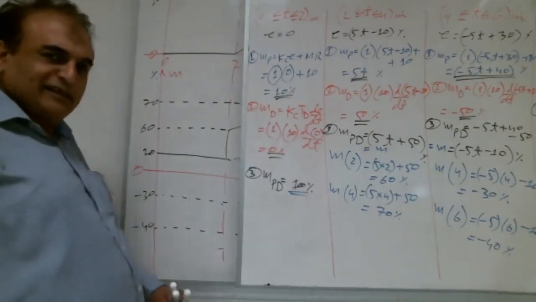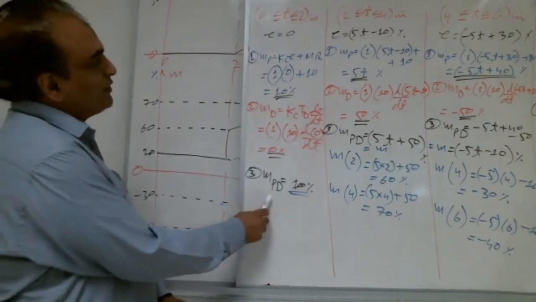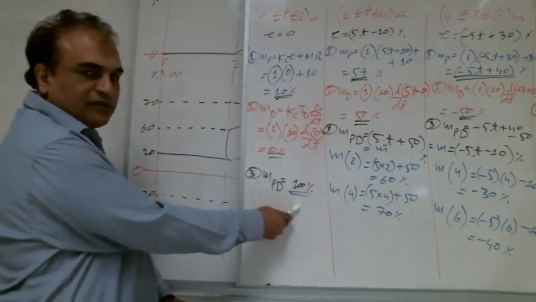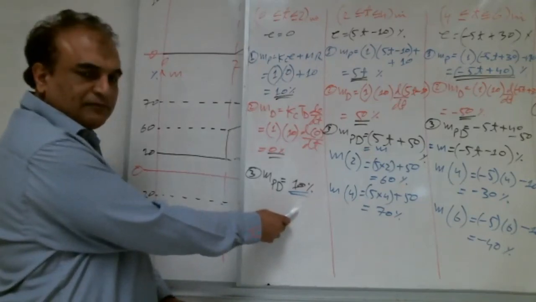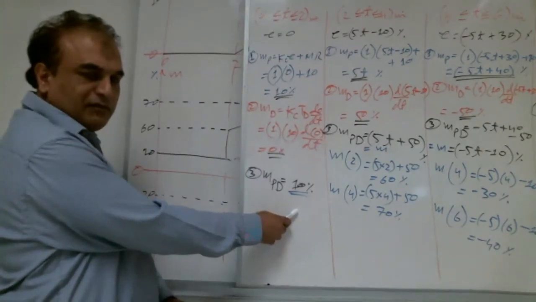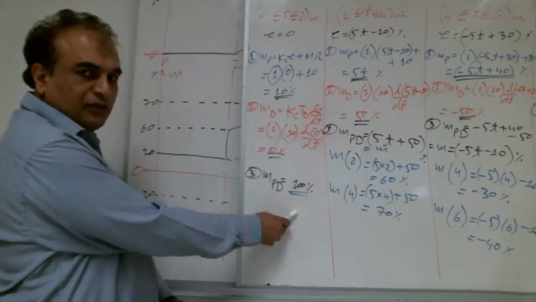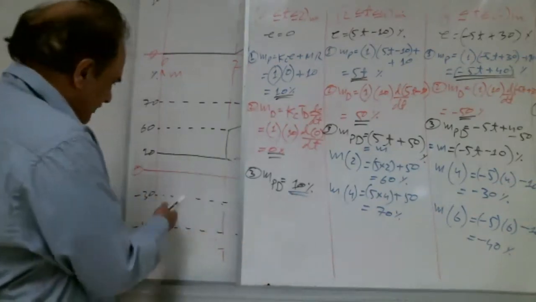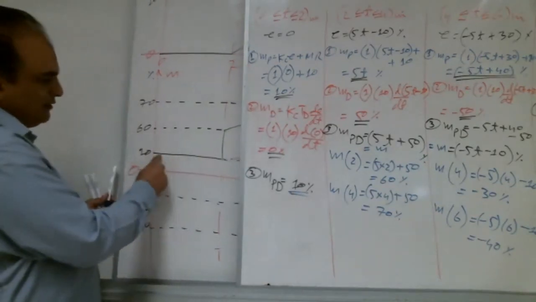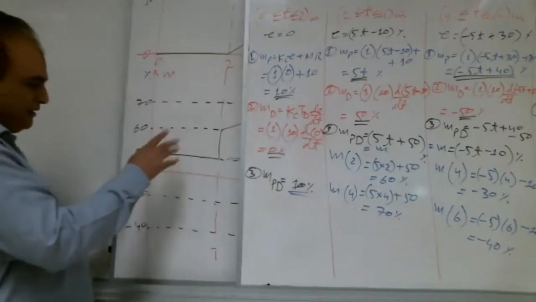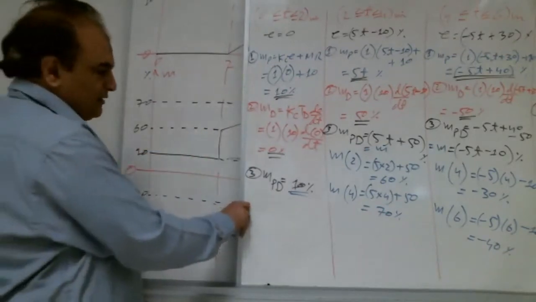A lot of brothers are writing yes. Now see here. From 0 to 2, what is the output? 10% constant. Right, Shabab? A straight line, like this, a constant line. 10% done.